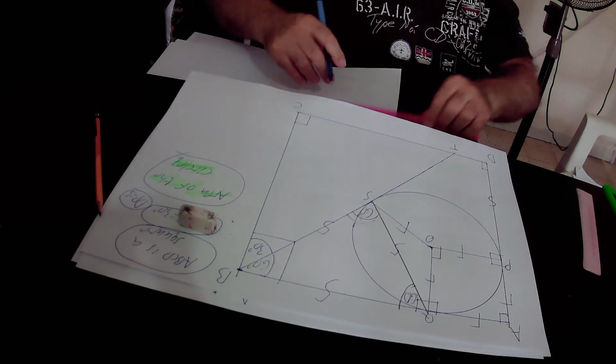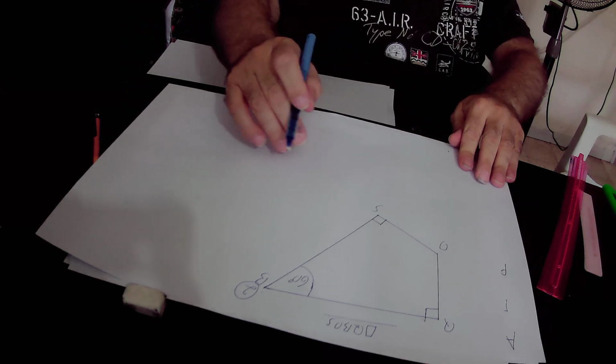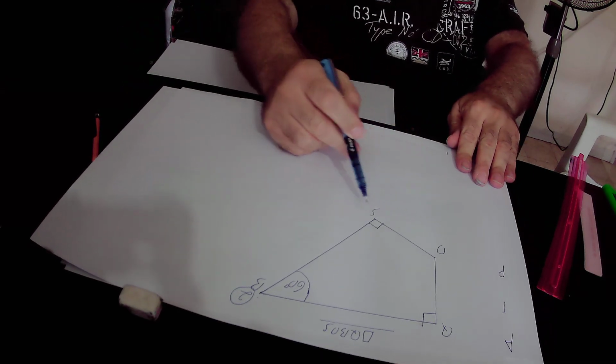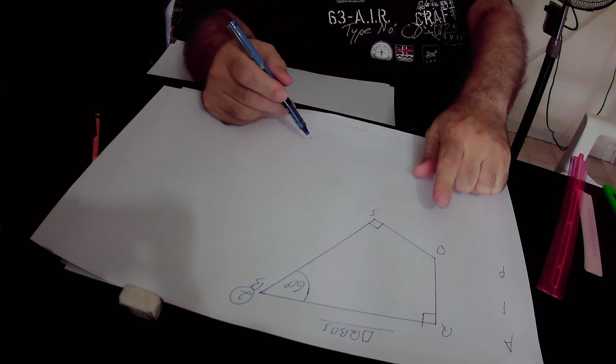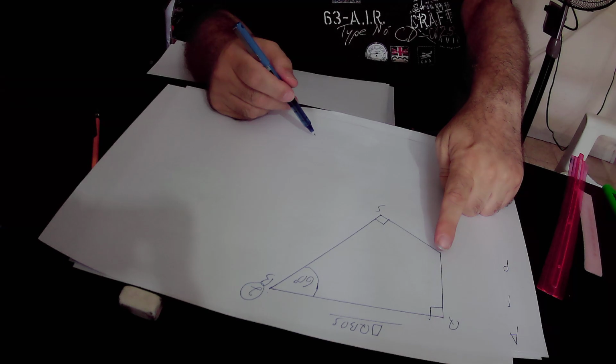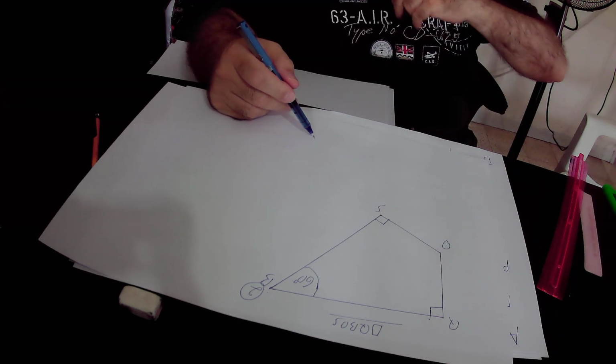So actually, this is quadrilateral QBOS that I copied from the original drawing. This quadrilateral, this is the missing angle. Angle QOS is the missing angle.